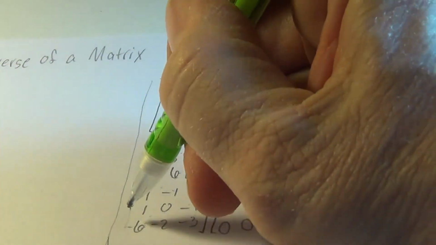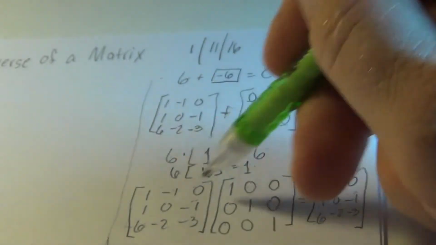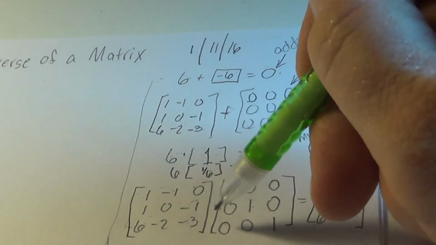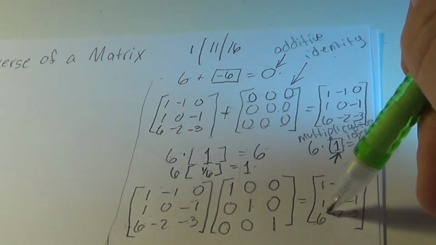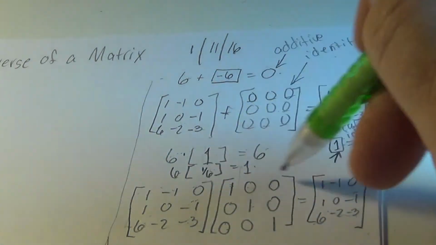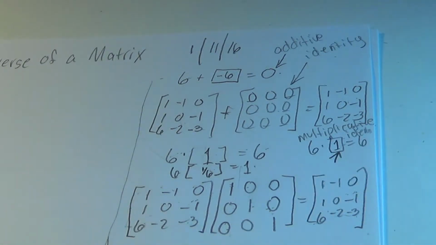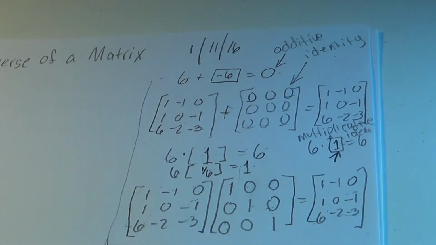That's not a minus there, it's just my bracket edge. 6 times 1 plus -2 times 0 plus -3 times 0 does give me 6. If you check it out, it does work. This is the multiplicative identity for matrix multiplication.